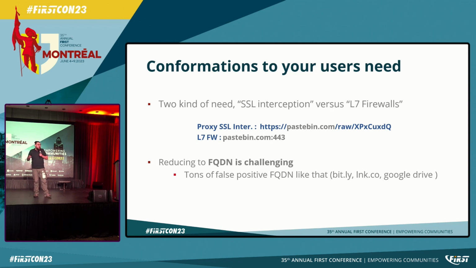But if you have a layer 7 firewall, you will only have the FQDN. And in this case, you will have a lot of false positives by trying to match only the FQDN. Just imagine bitly, drive.google.com, every URL like that are sometimes IOCs, tons of IOCs, but are not usable if you reduce them only to FQDN.